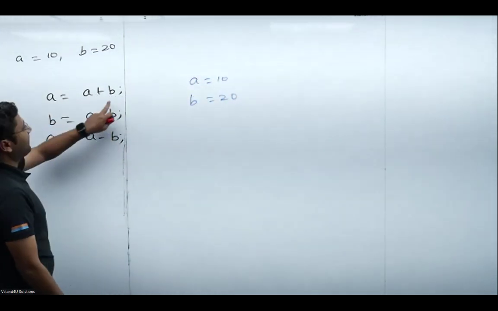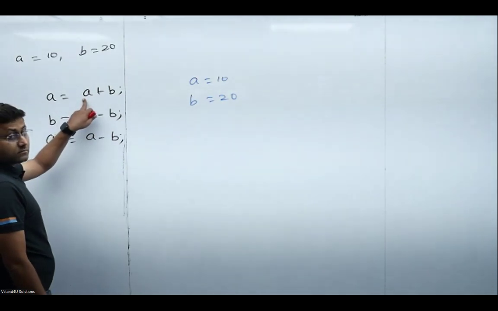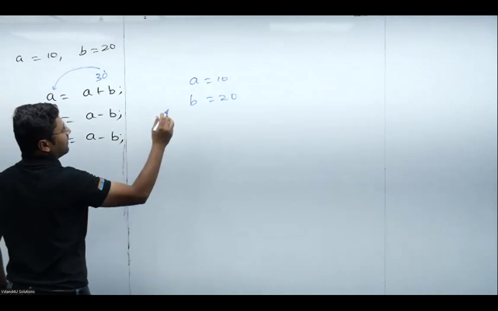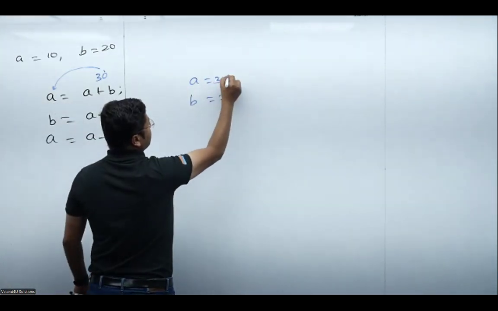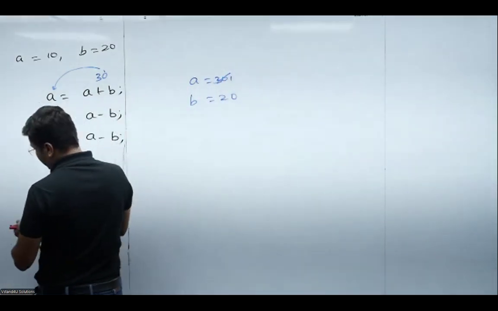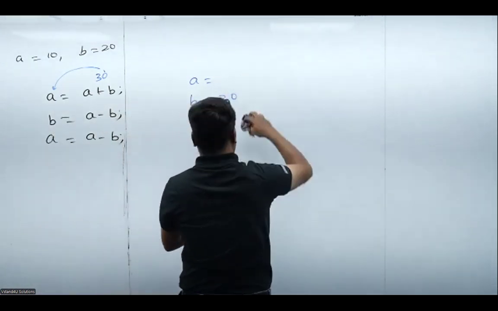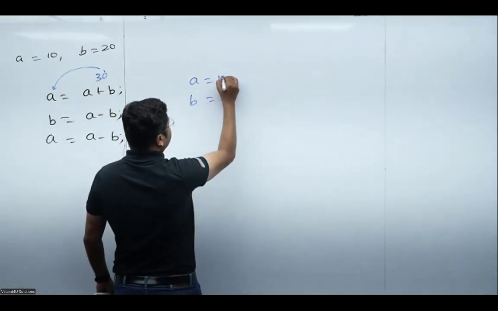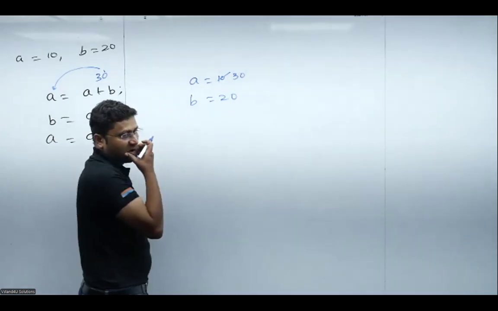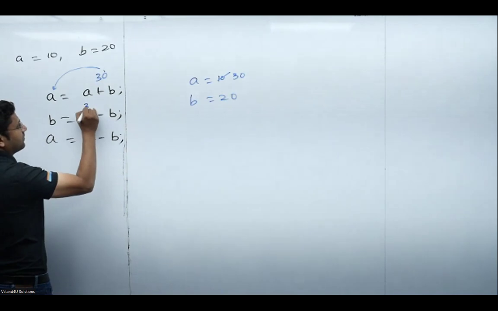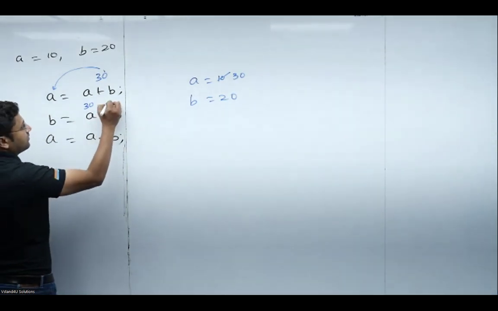You are telling A equals A plus B, storing the answer. I should not be erasing the value. A was already 10, and I made it the sum. Done. Now pay attention. As of now, what is A? What is B?